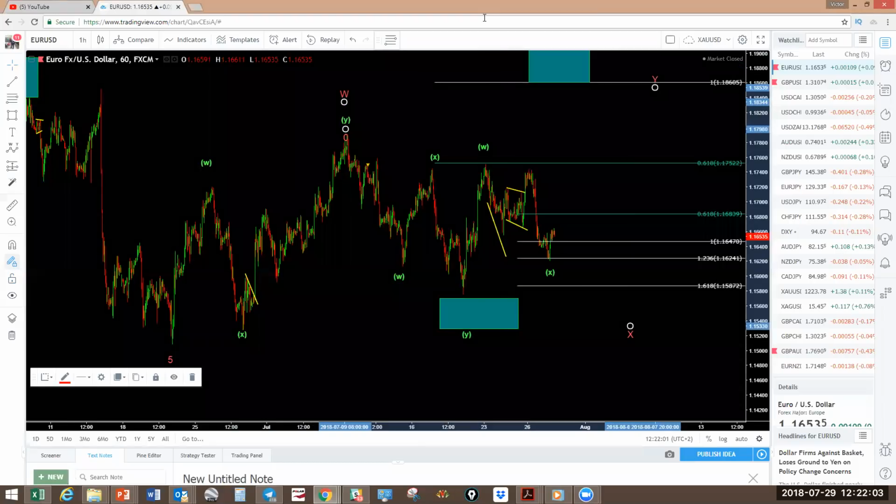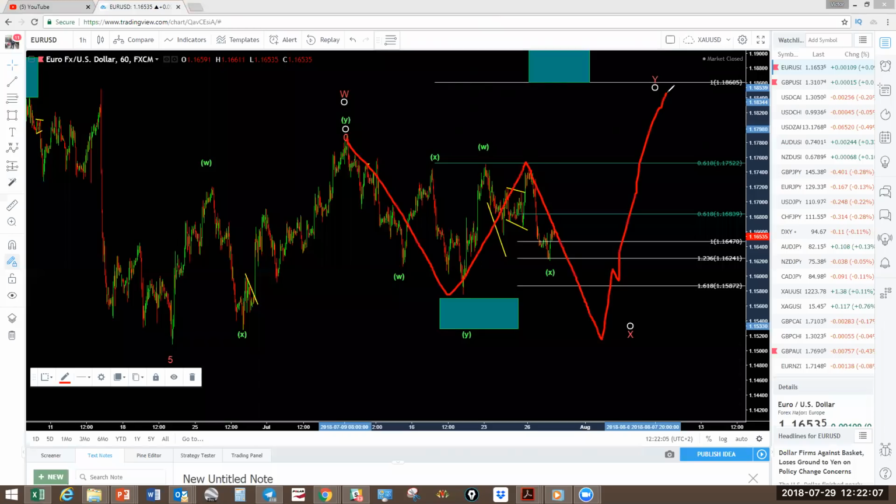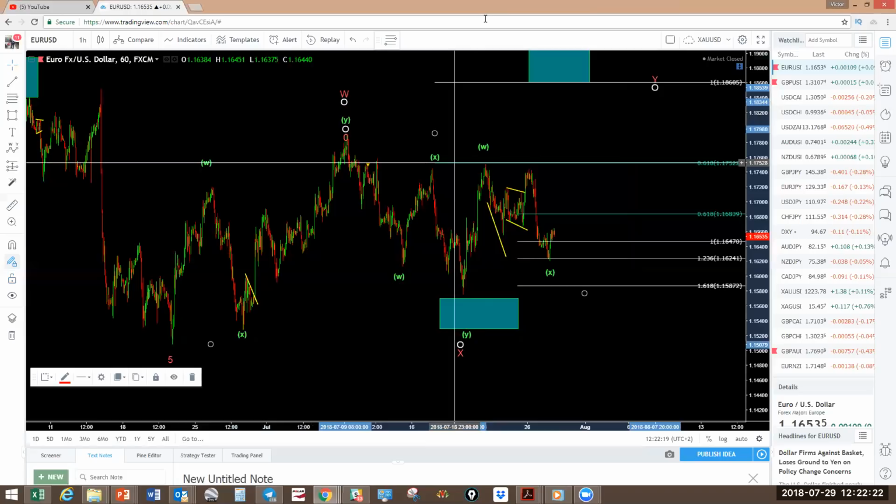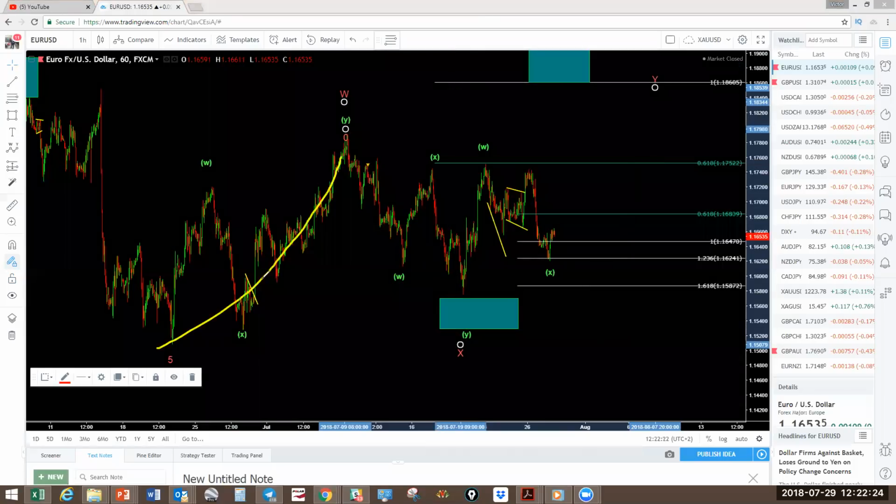And that will mean that your structure is 1, 2, 3 waves before you get a push higher. And that will now no longer be a zigzag as we've been focusing on here, but rather a flat correction. But I'm still more inclined for this to be our X right here, giving us this structure. It makes more sense to have it looking like this, WX and then a Y.